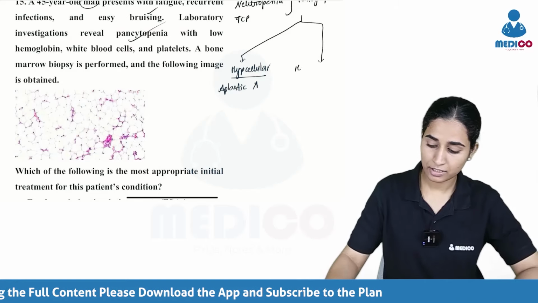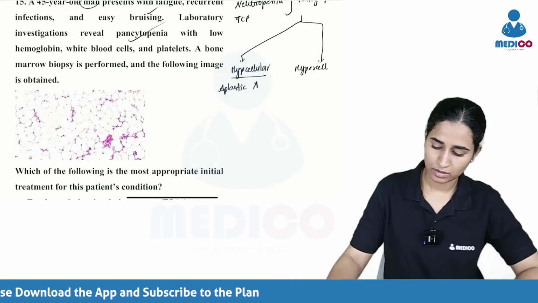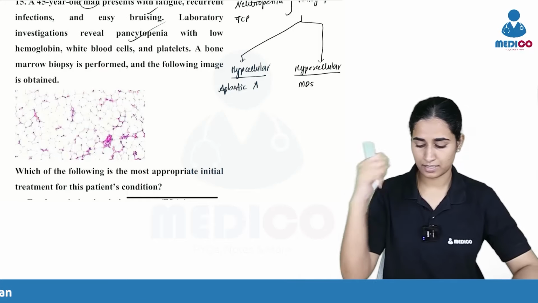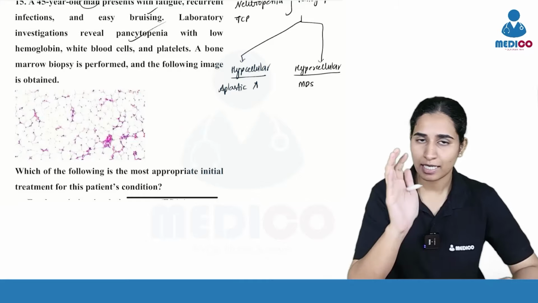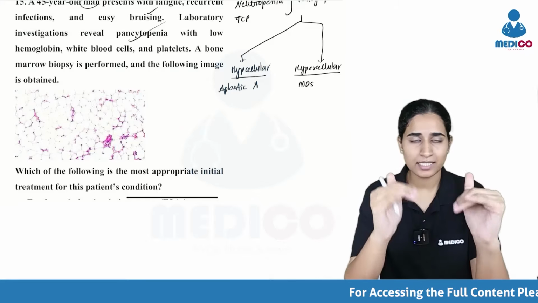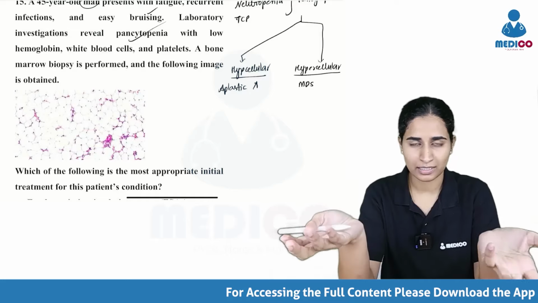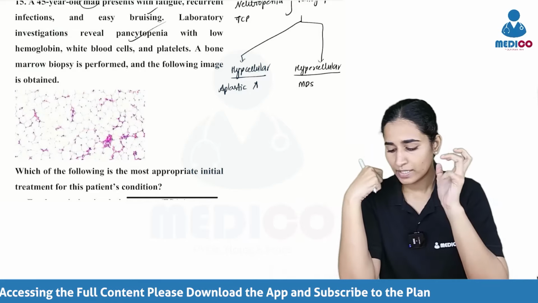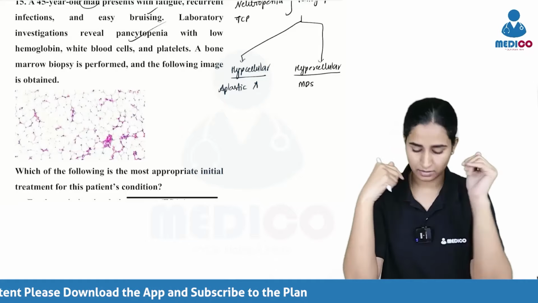And hypercellular marrow is MDS, myelodysplastic syndrome. Both are presenting with pancytopenia, but in aplastic anemia, your bone marrow is hypocellular. Literally, your bone marrow is being replaced with fat globules, whereas it is hypercellular in MDS.